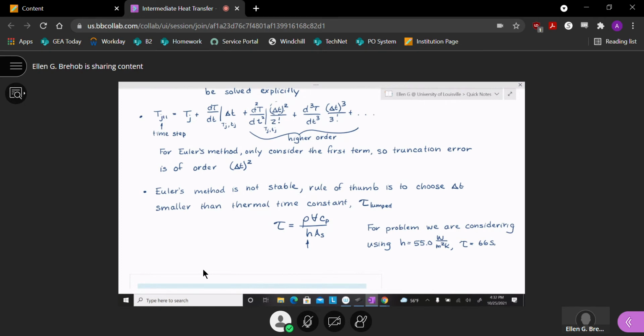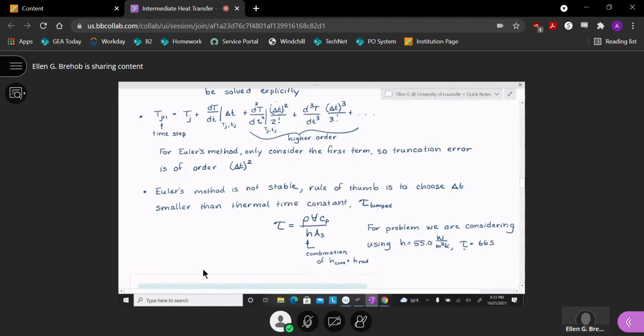Okay, but you said that the largest h, that's still the combined h that you have there, right? Yes, this would be h convection, h rad.